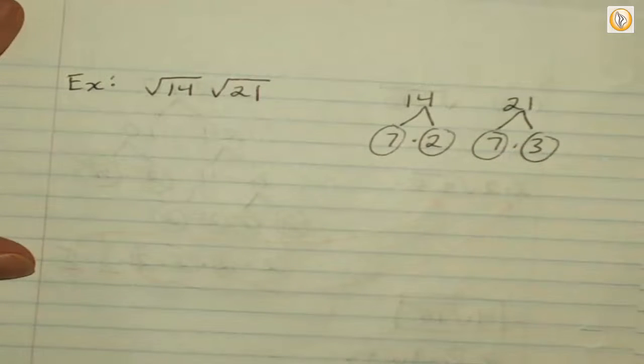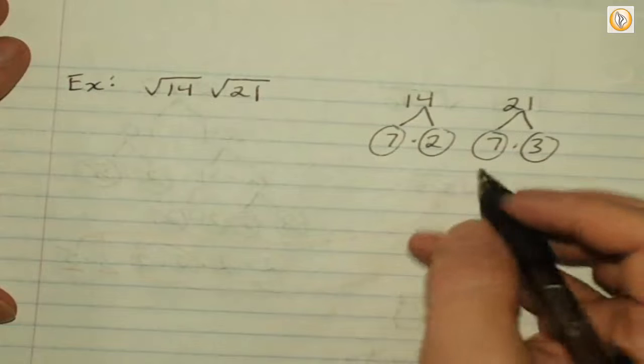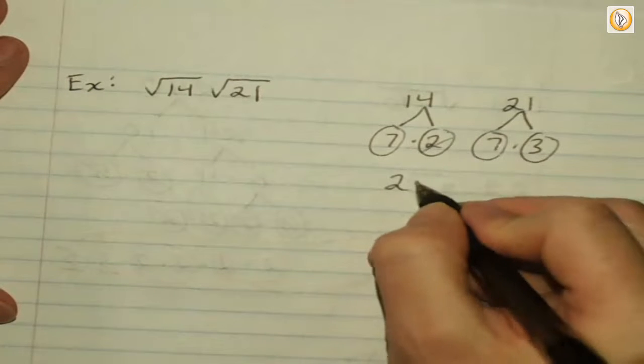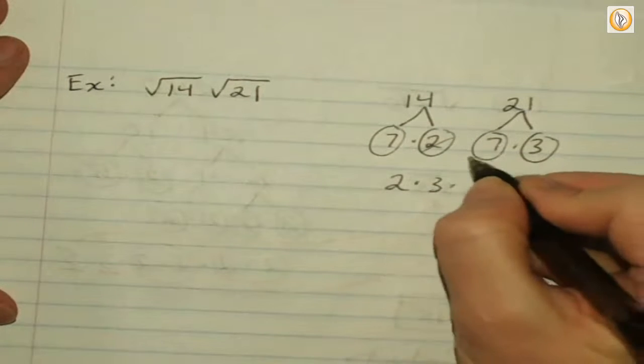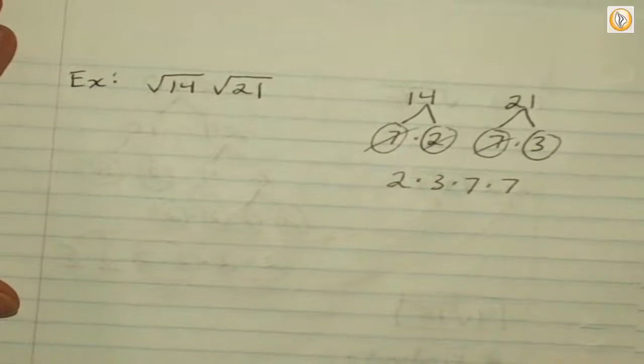Okay, now just like before, I'm going to write down my factors. I have, in order, 2 times 3 times 7 times 7. I'm going to do them all.